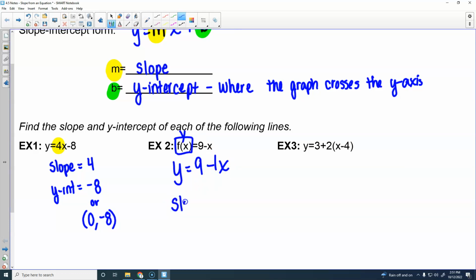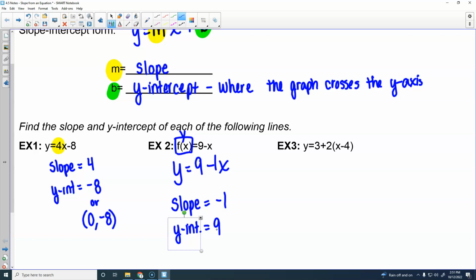And so our slope would be negative 1. What is the y-intercept? It's 9. So it's not always the first number. It depends on which one's next to your x. Okay, questions on 2?